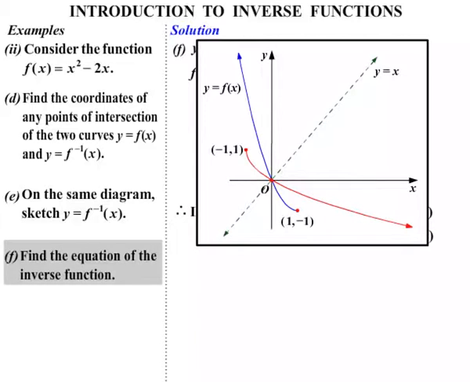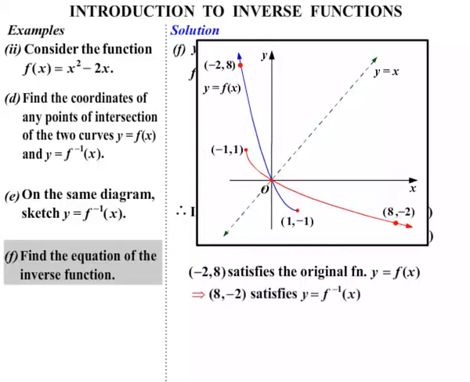Now let's go back to the graph that we've drawn a moment ago. We can see from the graph that a point like minus 2, 8 is on the original function. So we can say that minus 2, 8 satisfies the original function y equals f of x. As a result, this point here is 8, minus 2. In other words, we've just swapped the x and y. So we can say that 8, minus 2 must satisfy the inverse function.